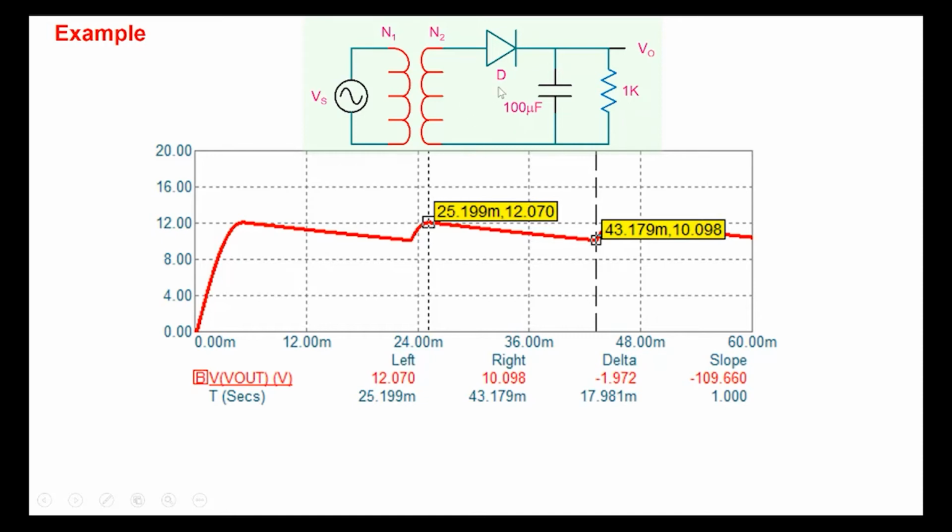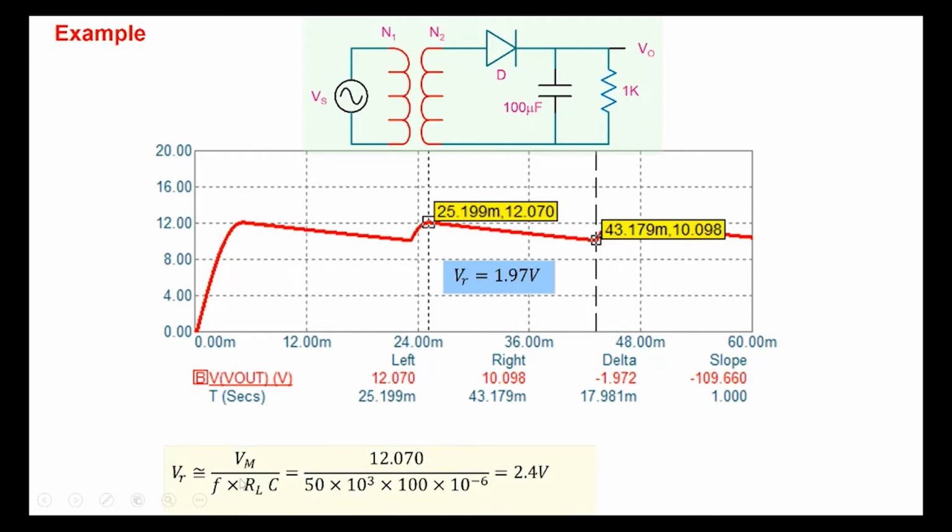So this is the design that we have here: a transformer with 100 microfarad, a 1K load resistor, and these are the results obtained from simulation. One can see a ripple of 12.070 minus 10.098, so about 1.97, so let's say about 2 volt. And if we use our expression VR equal to Vm by F RLC and plug in 50 Hertz, RL of 1K, and a capacitor of 100 microfarad, we get 2.4 volt.